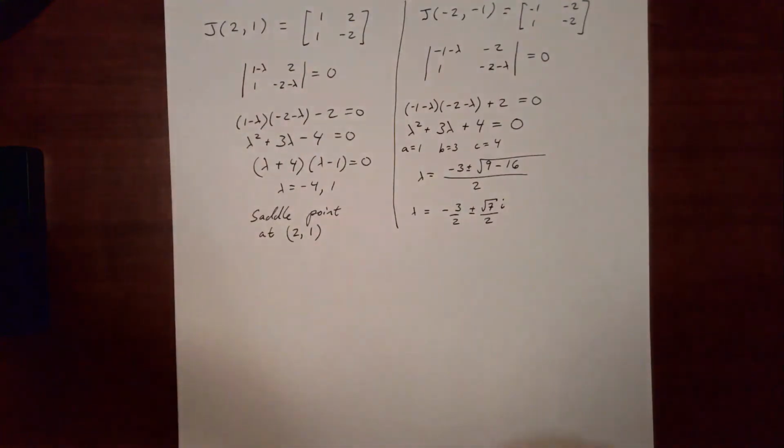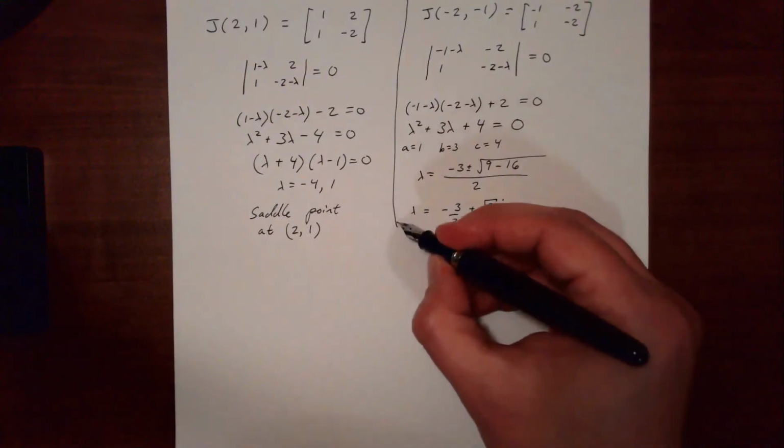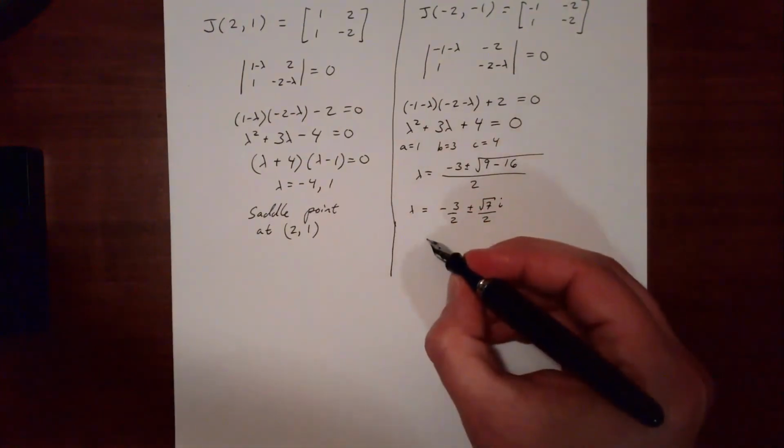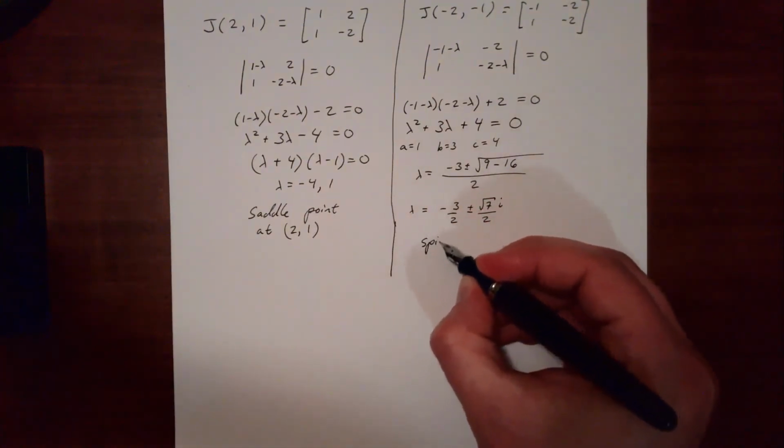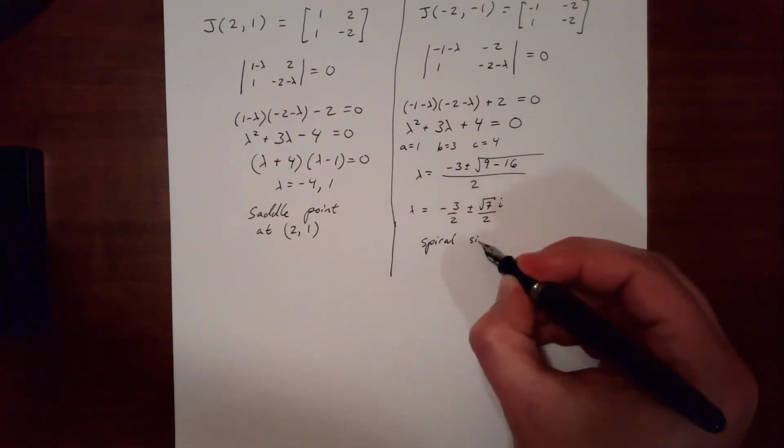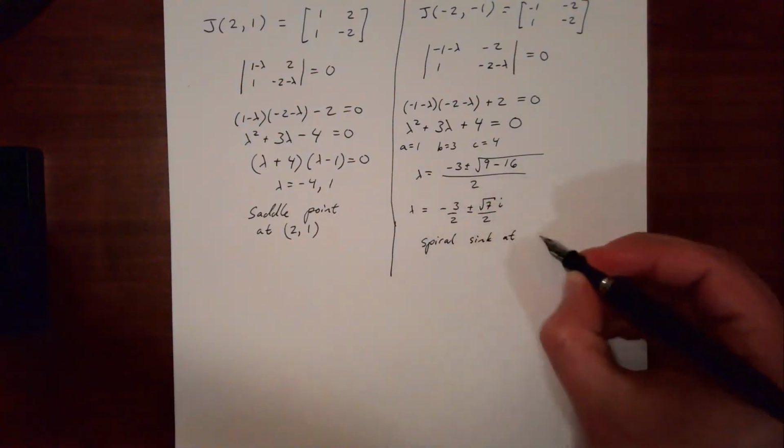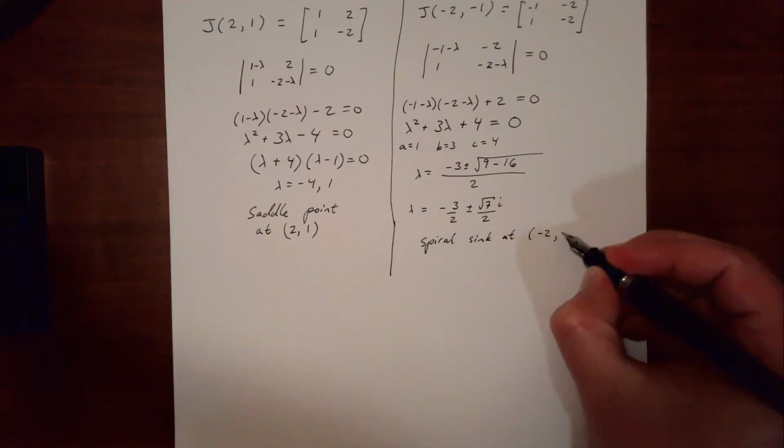The important thing is that it is complex and that its real part is negative. So it looks like we have a spiral sink at -2, -1.